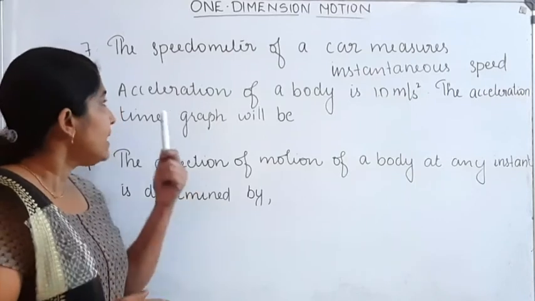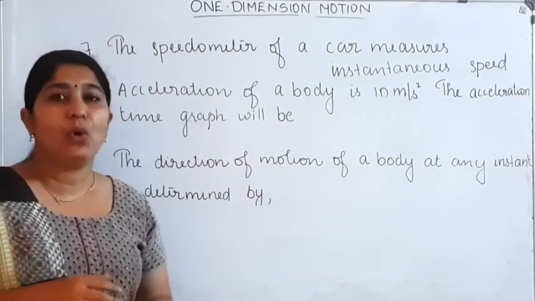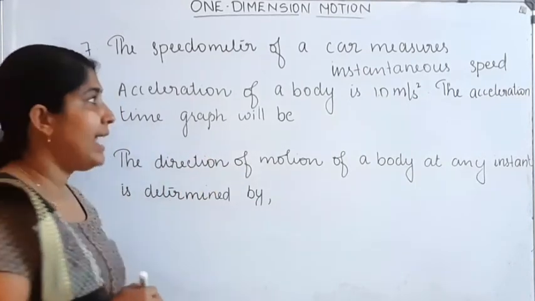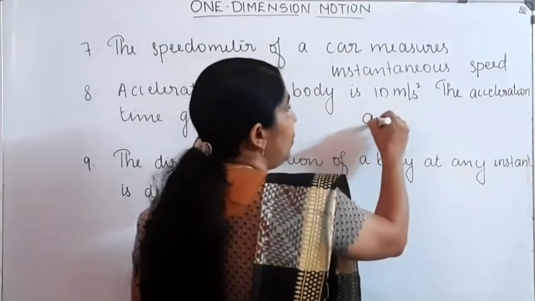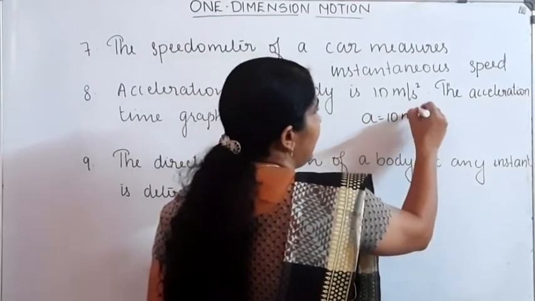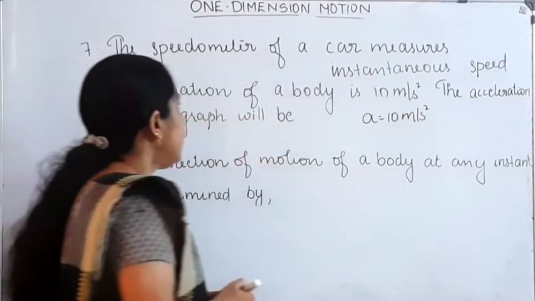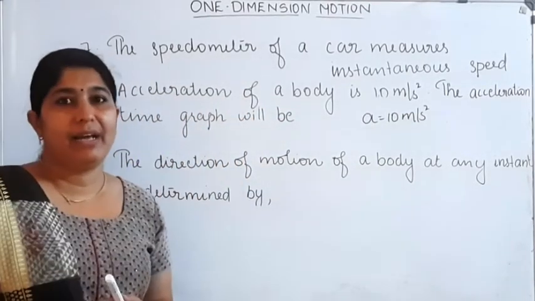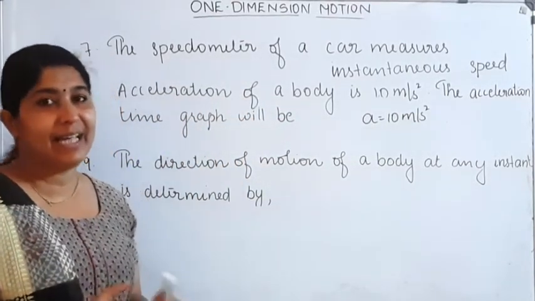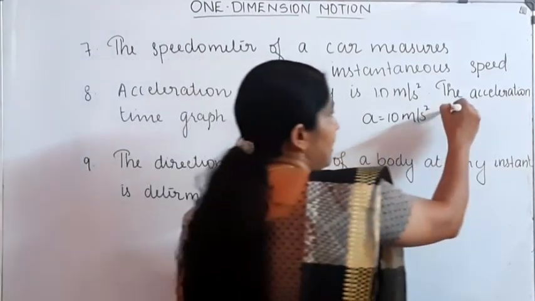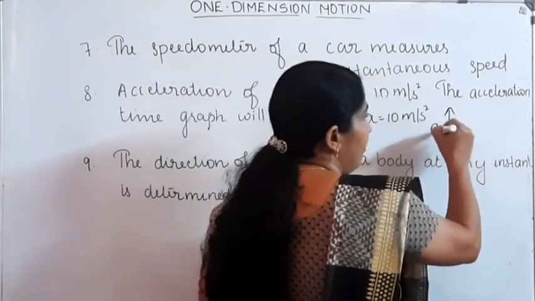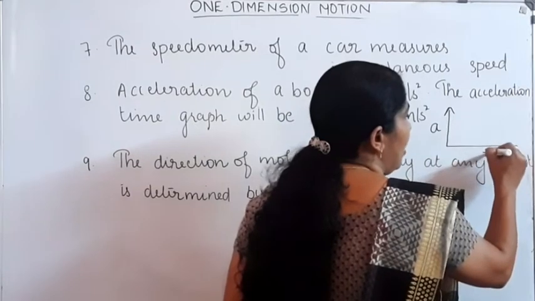Next question. The acceleration of a body is 10 meter per second square. Then what will the acceleration time graph be? Acceleration is taken along the y-axis and time along the x-axis.